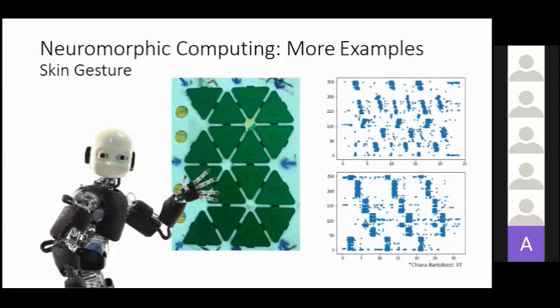And the advantage neuromorphic computing and neuromorphic sensing adds here is that since the sensor is going to produce its output in terms of spikes, you don't need very high bandwidth communication from the sensor to a processor. So that's a very real advantage.